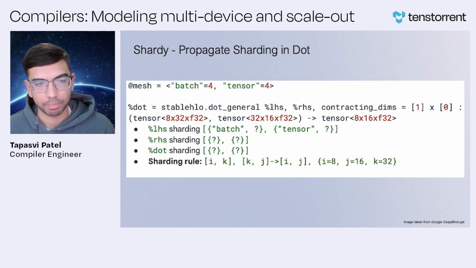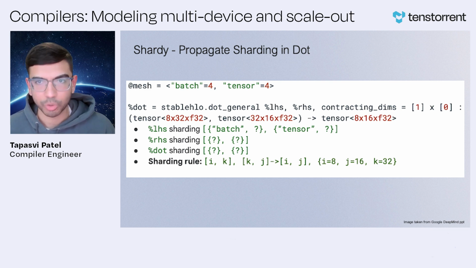We say our input dimensions are going to be decomposed into these factors. So this 8 has a factor of i, 32 has a factor of k. This other 32 has the same factor of k, since these two are being multiplied with each other. And then we have a separate factor of j for 16. The resultant tensor is going to have only i and j, since k factors will not exist anymore.